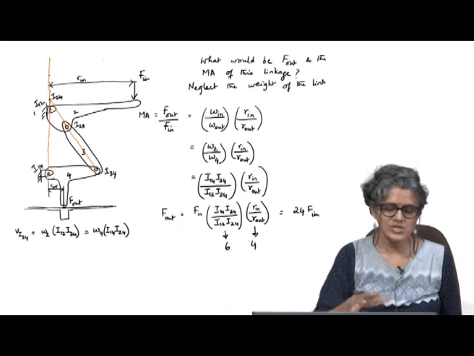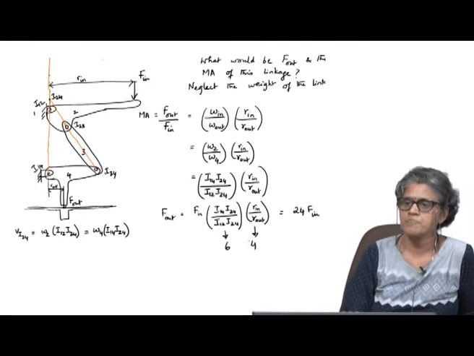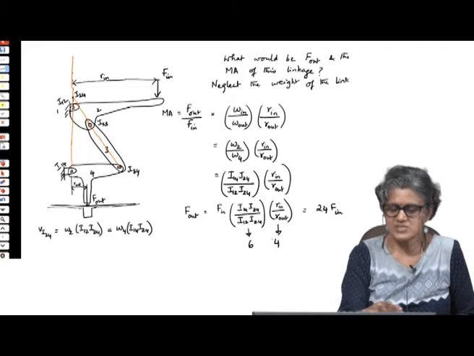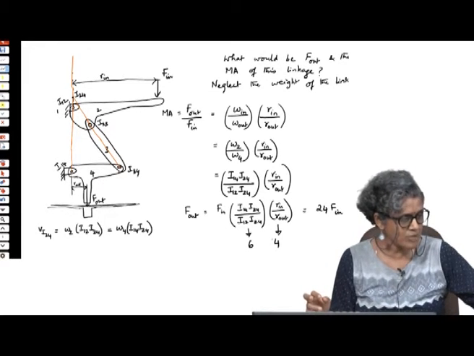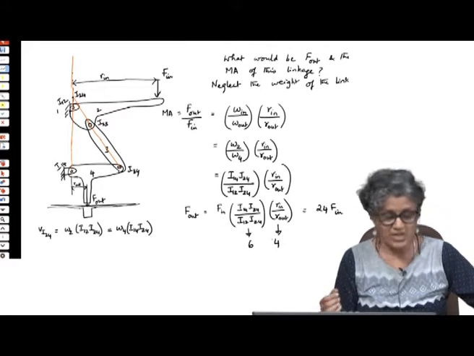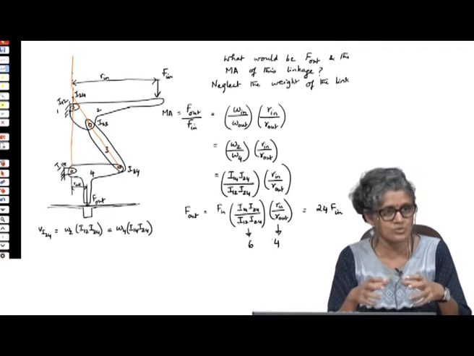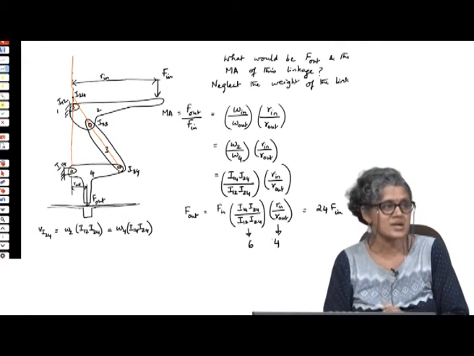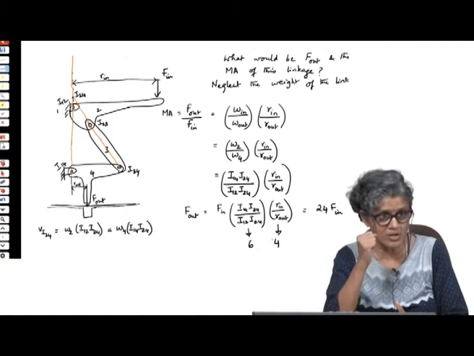It can be a good design tool, because this is all dependent on geometry, so I can look at how to modify these parameters to get a good design. Even clamps, when you want to hold something in with a high force, use this kind of mechanism, and it operates near the toggle position.